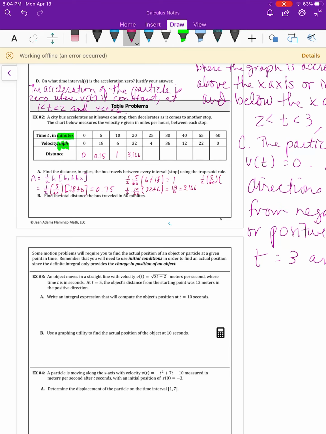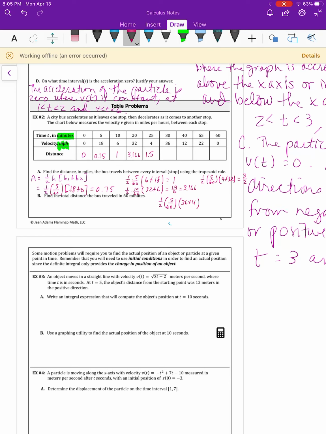And then for the next one, we have 1/2 times, and 25 minus 20 is 5, so this would be 5/60. And then 4 plus 32. That one is going to give me 3/2. So this one is 1.5.